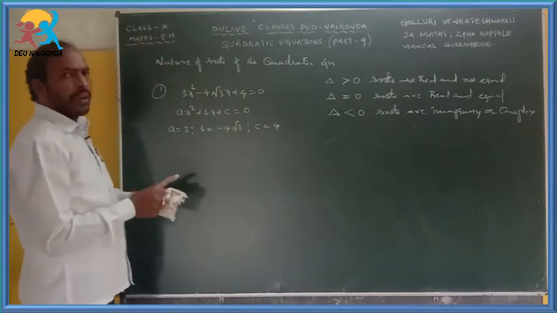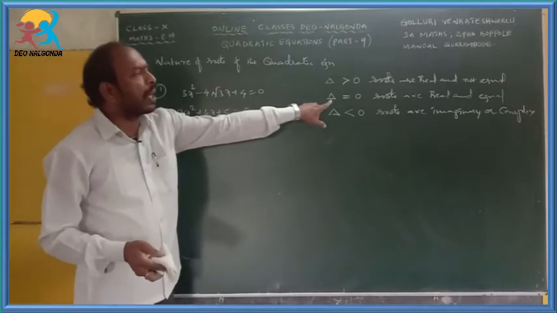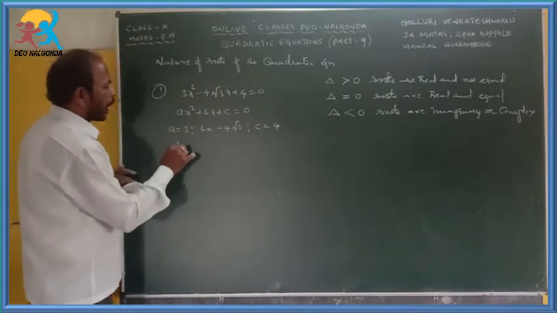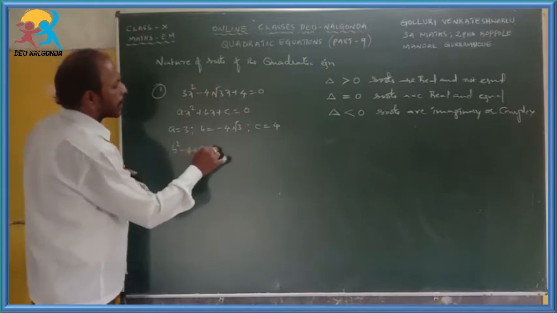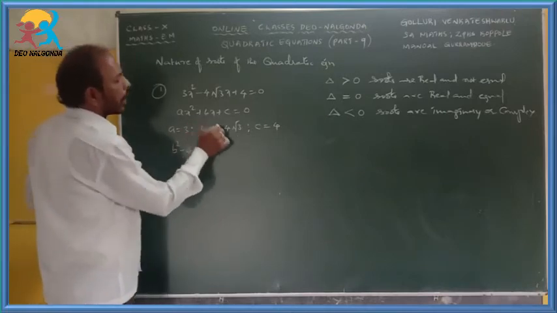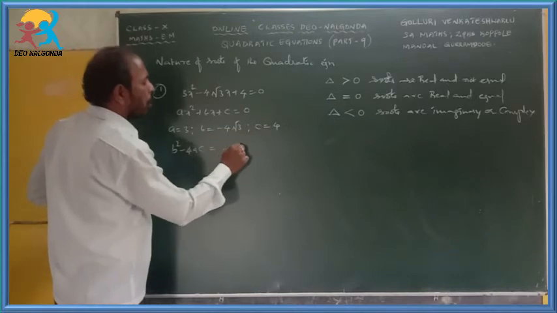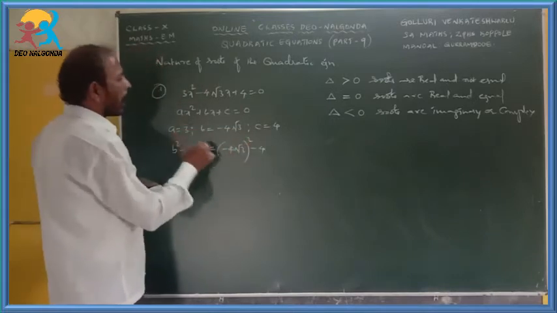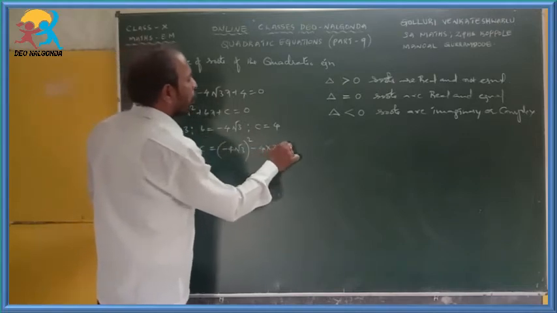So here we are finding the discriminant value, b square minus 4ac. That is minus 4 root 3 whole square minus 4 times a value 3, c value 4.